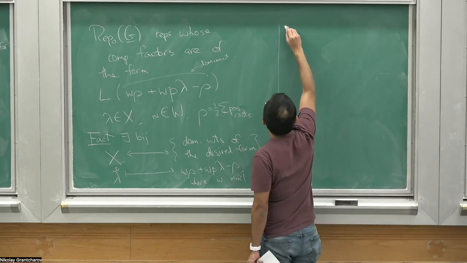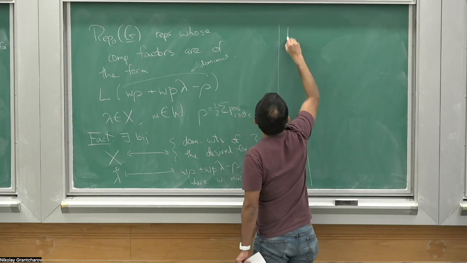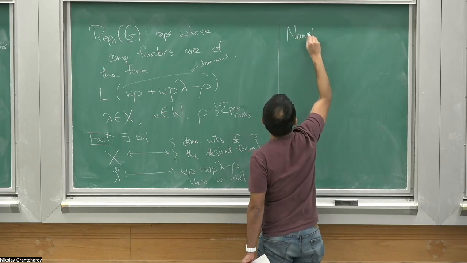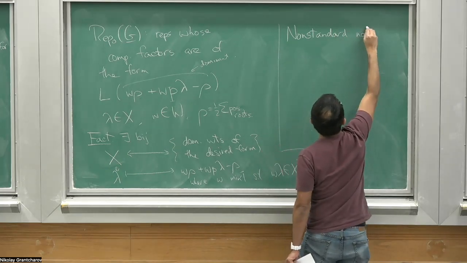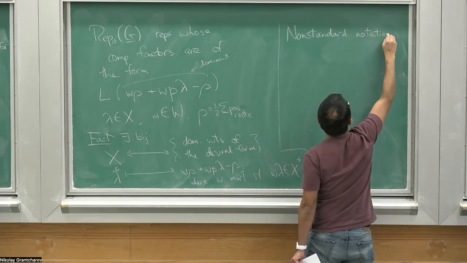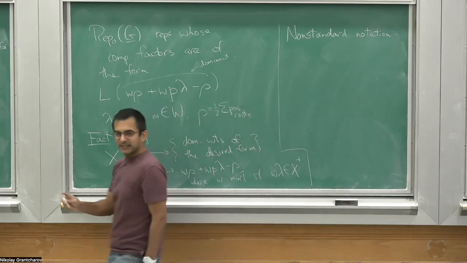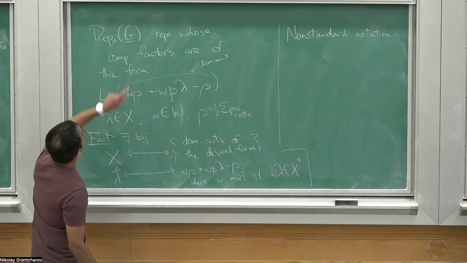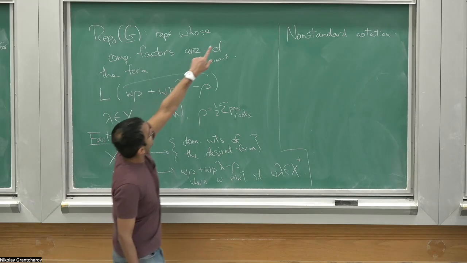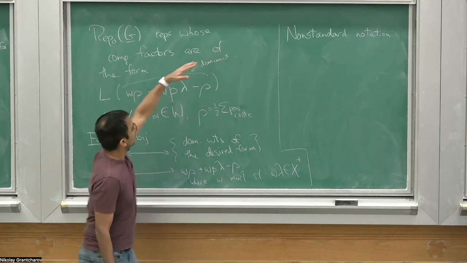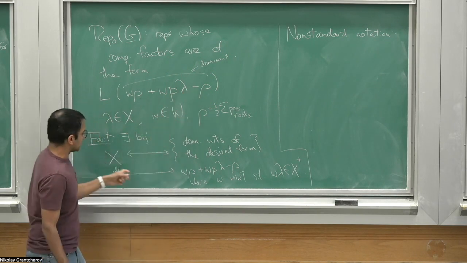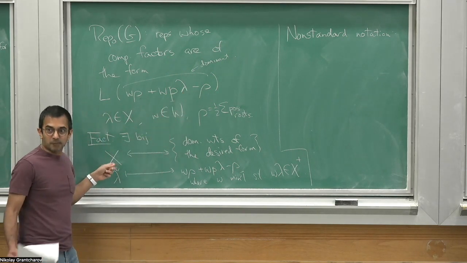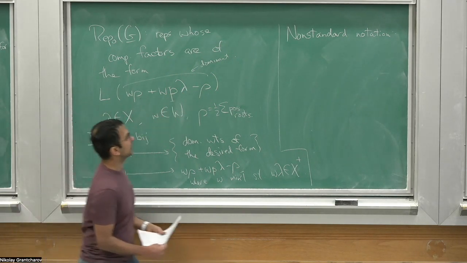Here's a bit of non-standard notation that I find convenient. Basically, the simple objects in rep 0 G underline are labeled by dominant weights of this form, but I'd rather label them by arbitrary weights via this bijection.